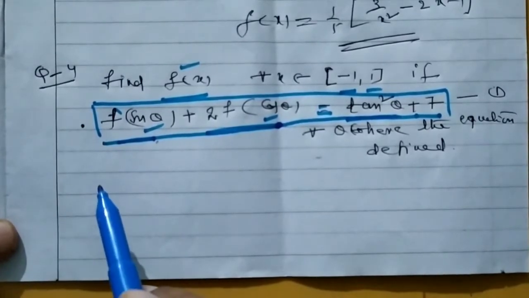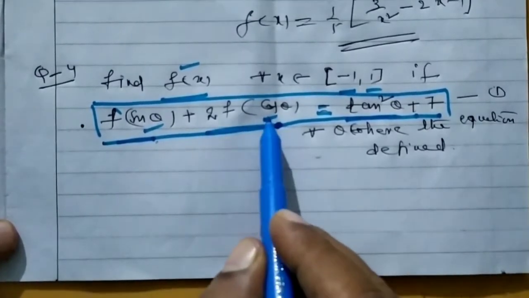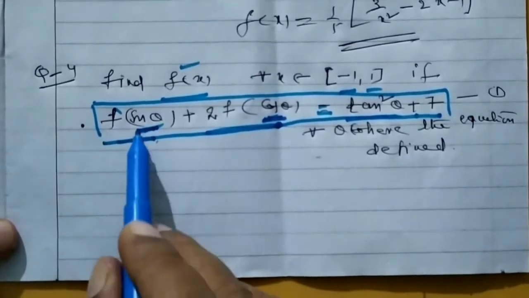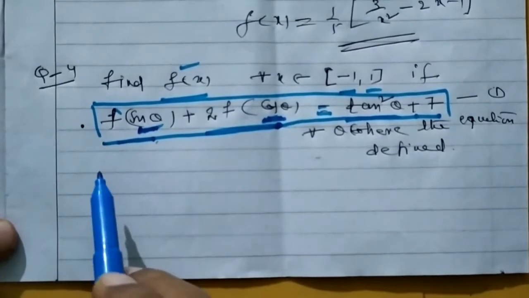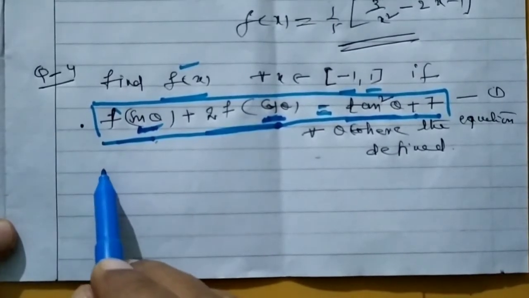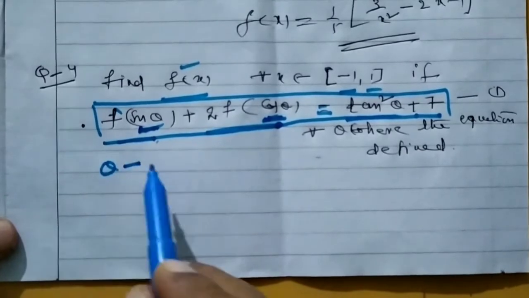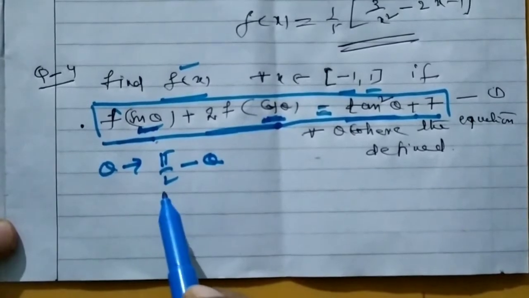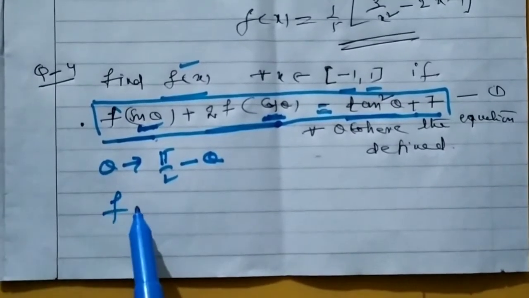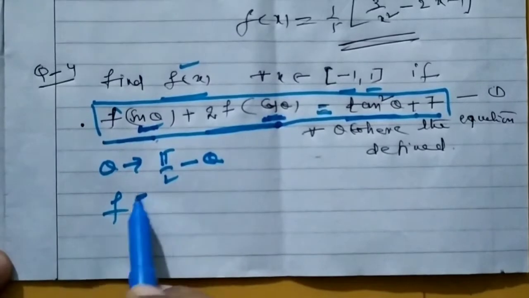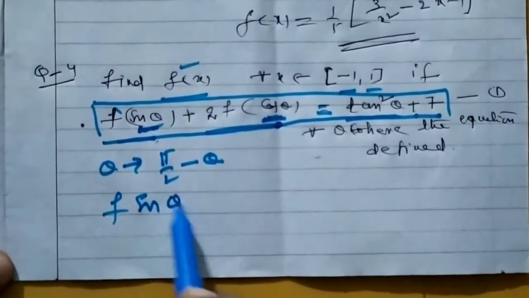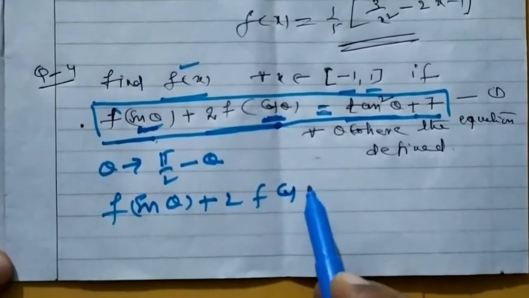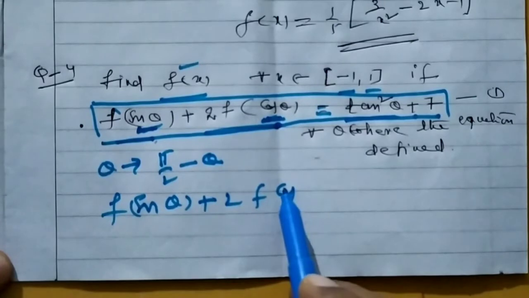So we have to change the second argument to the first argument. That means cos theta should be changed to sin theta, so we have to replace theta with pi by 2 minus theta. Easily we can get f of sin theta plus 2 into f of cos of 90 minus theta, that is sin theta.